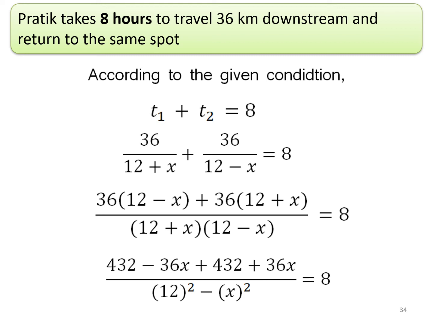Now in this equation, minus 36x and plus 36x get cancelled and 432 plus 432 is added.